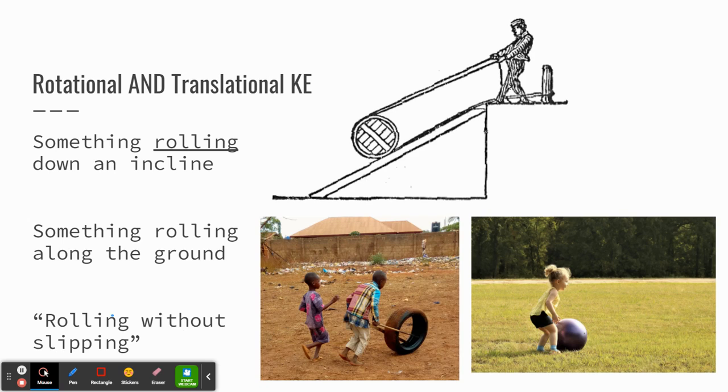So something that is rolling, it needs to actually rotate and move. And so in this part of the unit, you are going to have something rotating and moving. And so this is rolling without slipping. Slipping would be like if it's skidding across but not rotating. And almost all the time, you're going to have rolling without slipping.